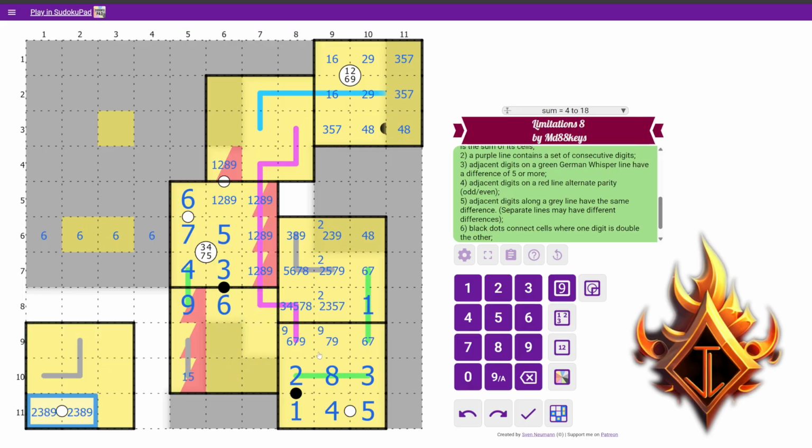So if this was 8, 9, 8 could go there, 9 could go there. If it was 2, 3, they would both be along there. These could still be 1, 2.